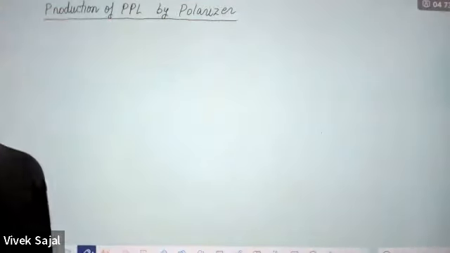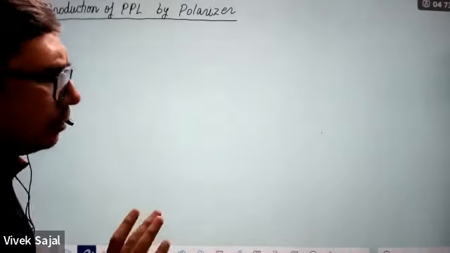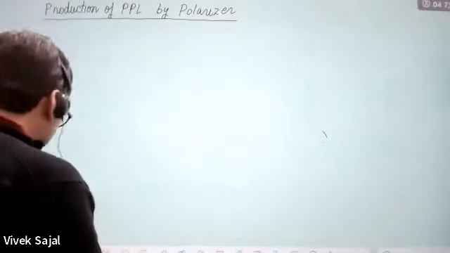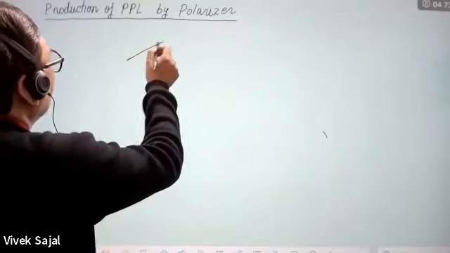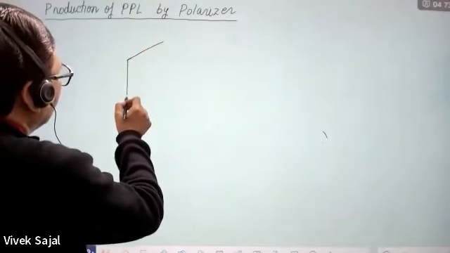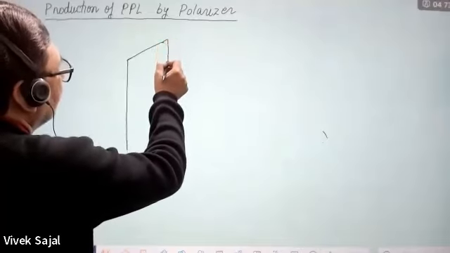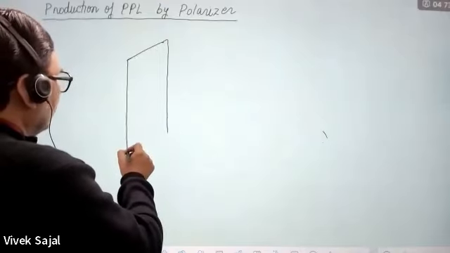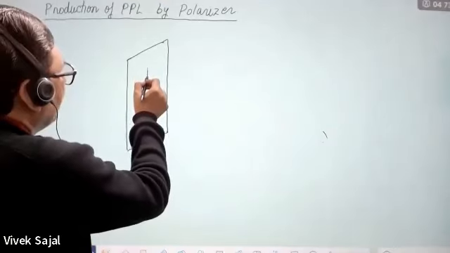So first, what is a polarizer? We are not going deep into the structure of this polarizer. A polarizer is an optical device which allows only the electric vectors of the incident light in a particular direction to pass.